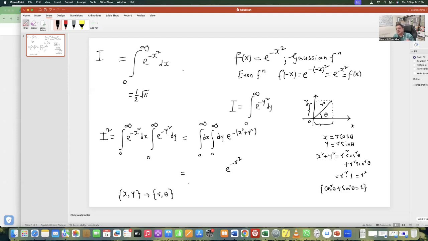And when you make such a transformation, you need something known as the Jacobian. So the Jacobian is as follows. This is your dx dy, which is connected to dr d theta with this Jacobian J. J is called the Jacobian.